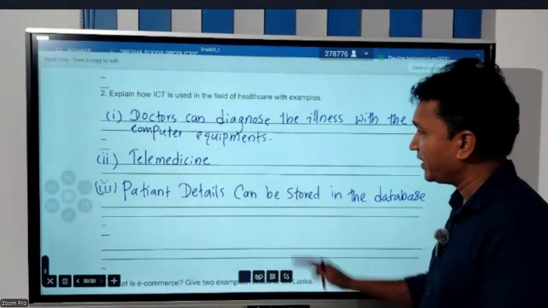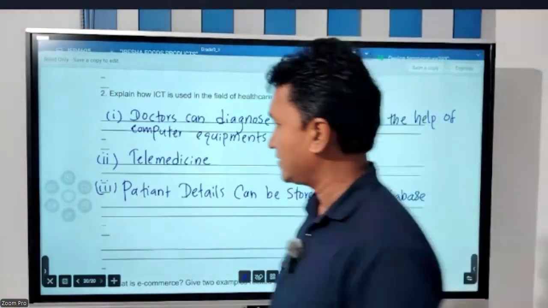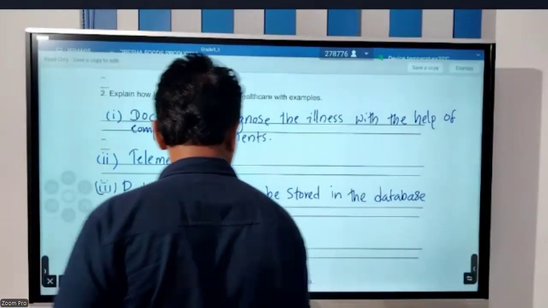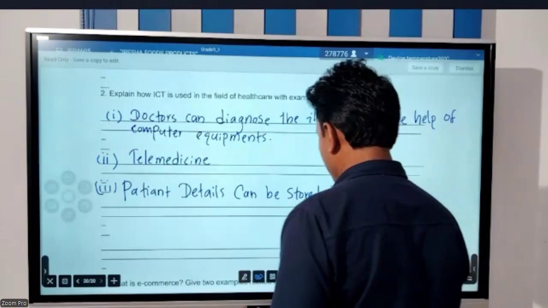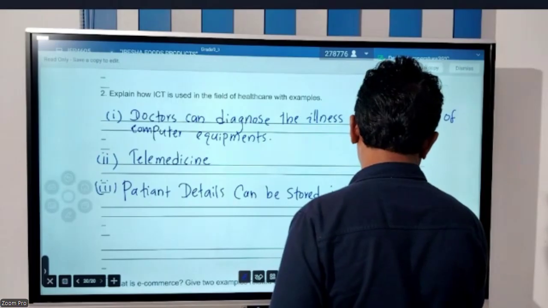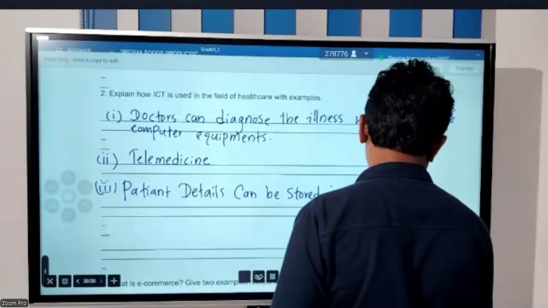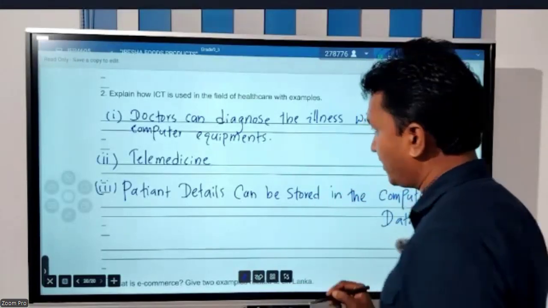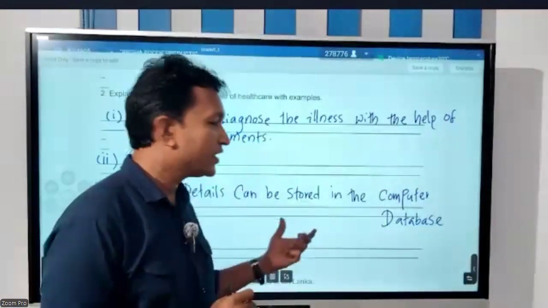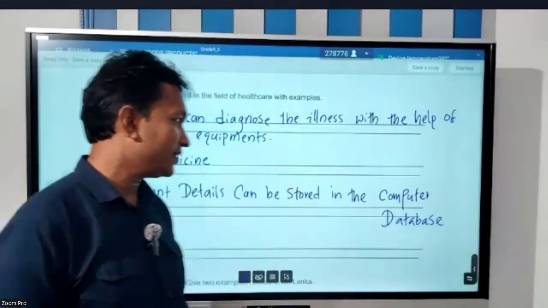Right? Patient details can be stored in the database, computer database. So let's write that in the computer database. The doctor can easily do the related medicine to the particular patient, right?